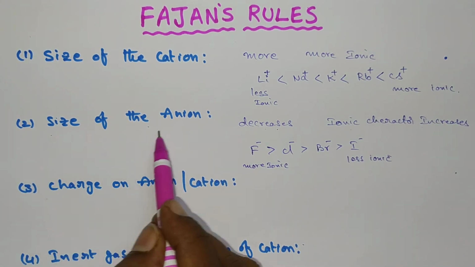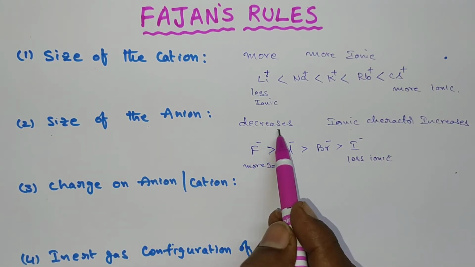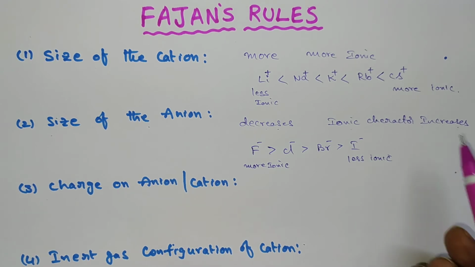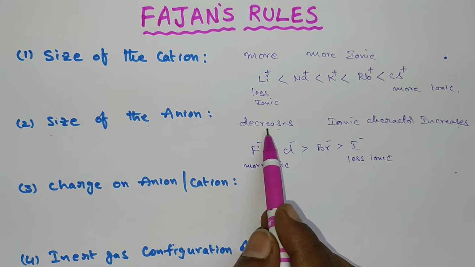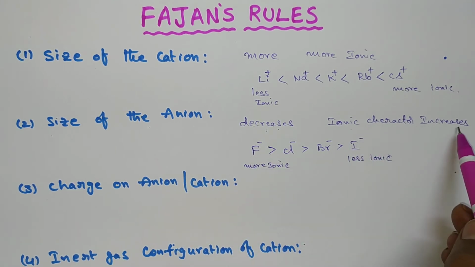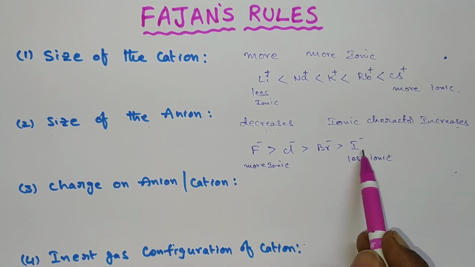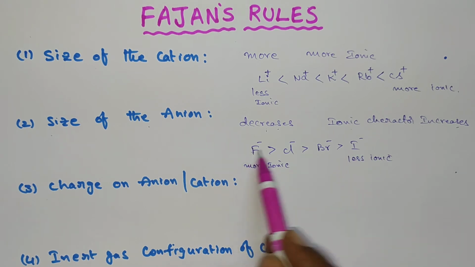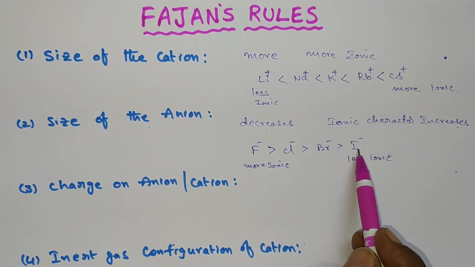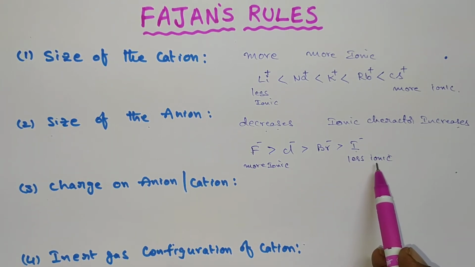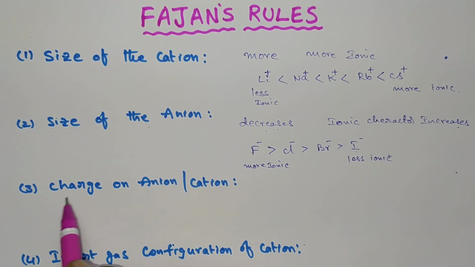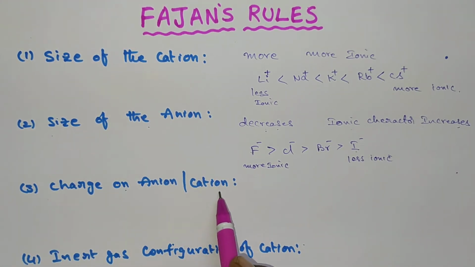As the size of the anion decreases, ionic character increases. The converse is also true, because as the size of the anion increases, the ionic character decreases. The size of the anion increases from fluoride ion to iodide ion, that's why the ionic character goes on decreasing. Clear?